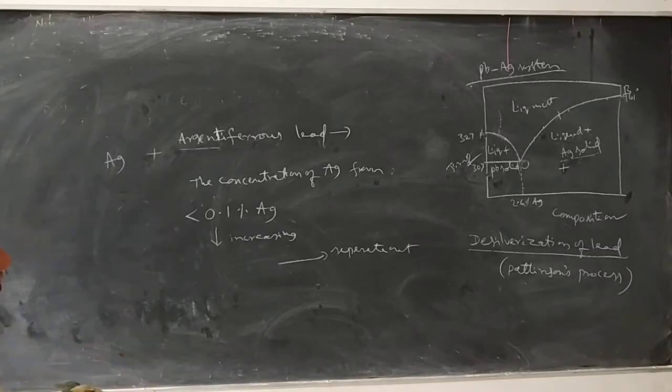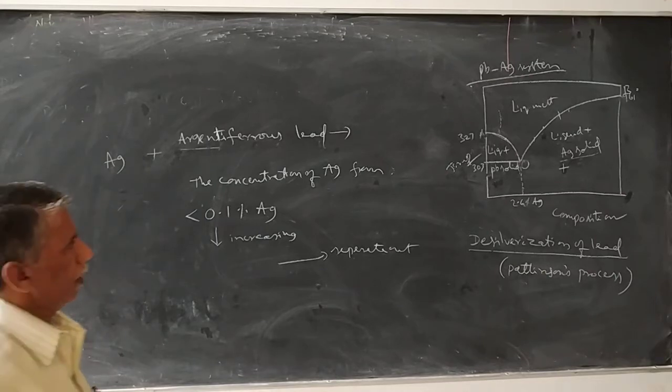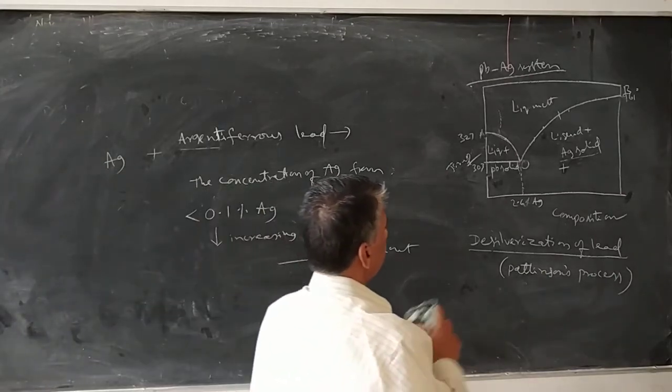Similarly, if you take the next system, the potassium iodide water system, the diagram is almost like this.